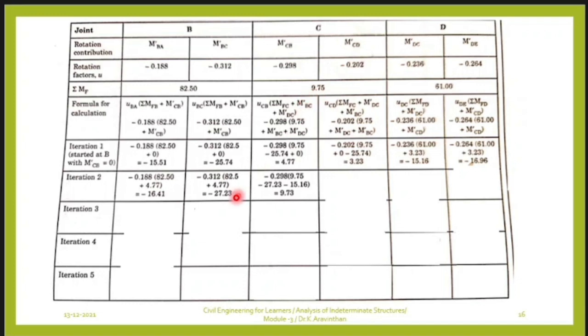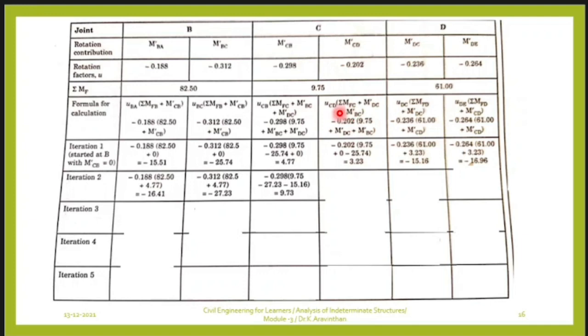Then M dash BC is 27.23 and M dash DC is, what is the answer? See, you have M dash DC here and it is 15.16. So you will be adding 15.16. So add the three values into 0.298.